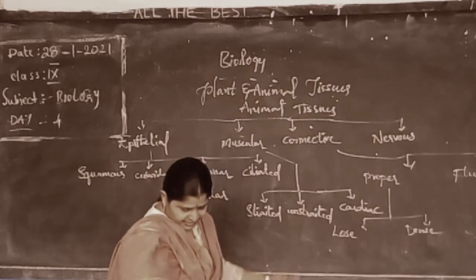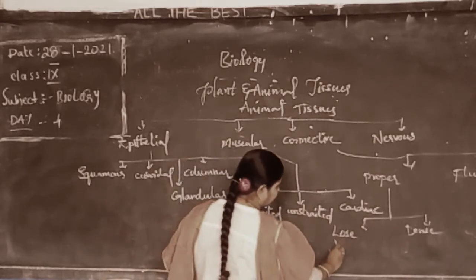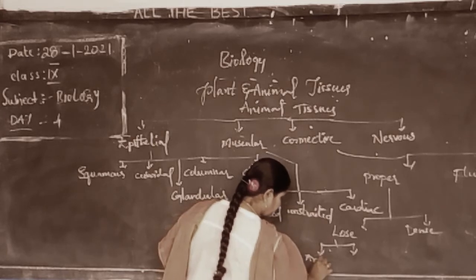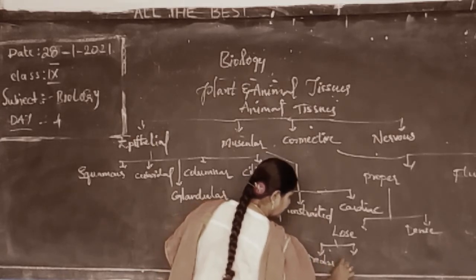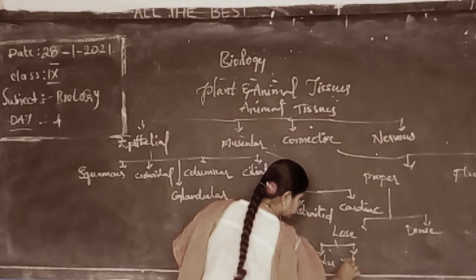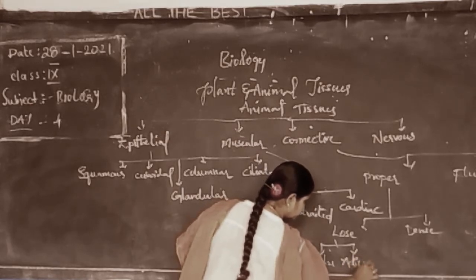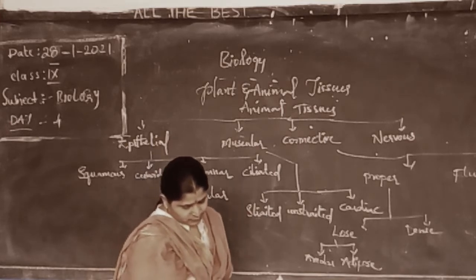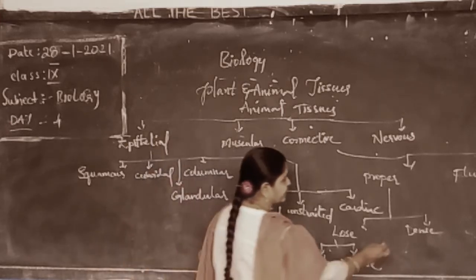Again, this loose connective tissue includes areolar tissue and adipose tissue. The next, dense tissue, tendons and ligaments.